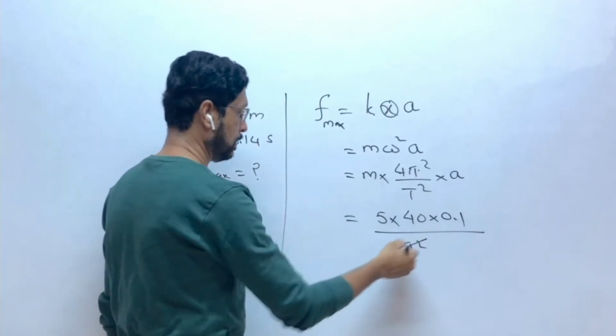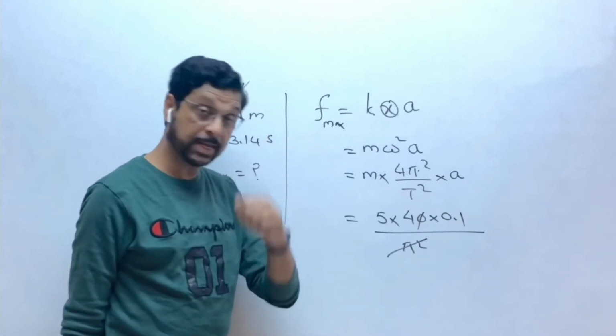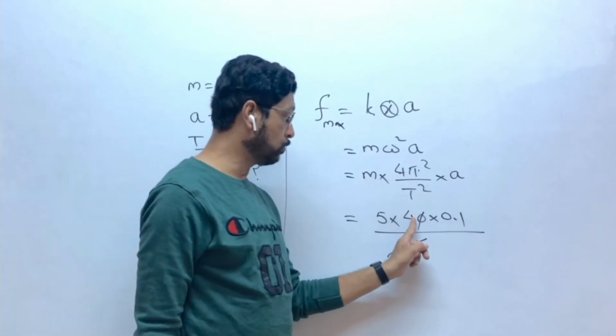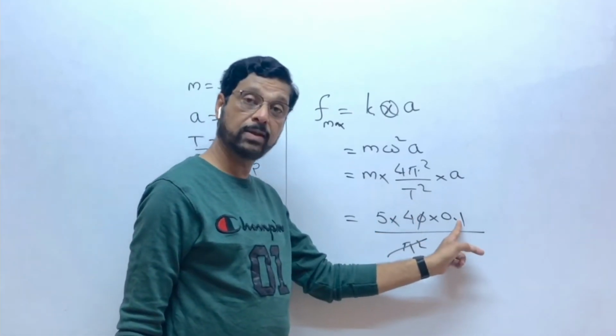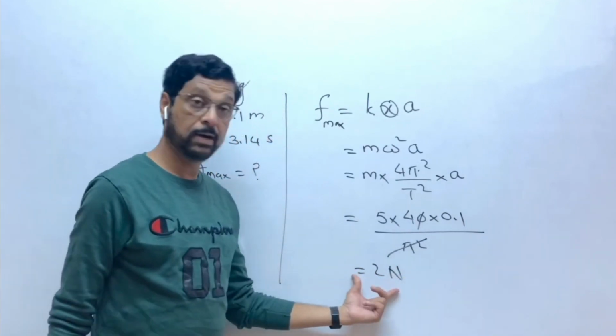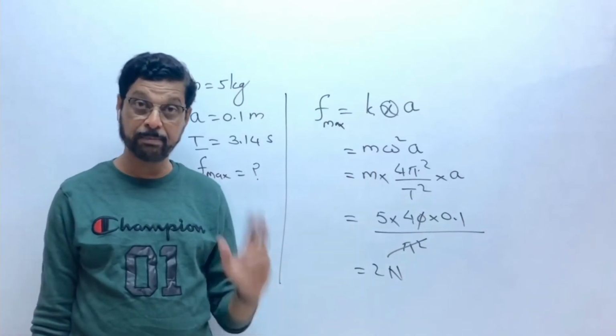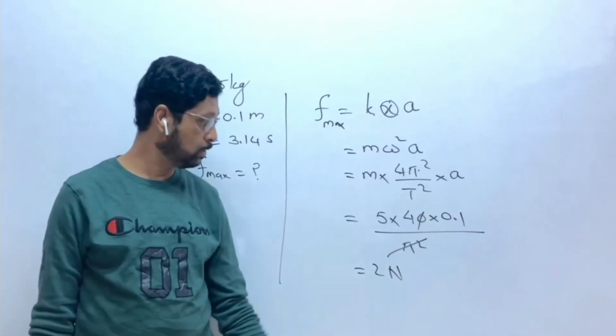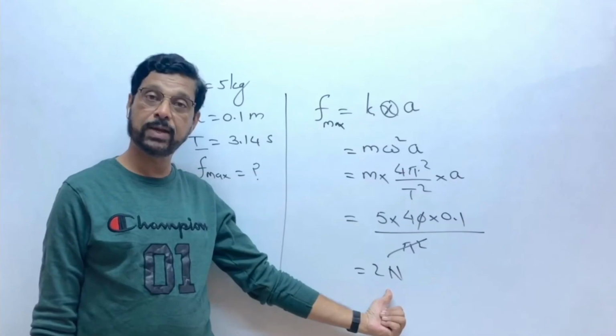So the pi squares cancel. 5 fours are 20, 20 into 0.1 is 2 Newton. So the maximum force exerted by the spring on the block will be 2 Newton.